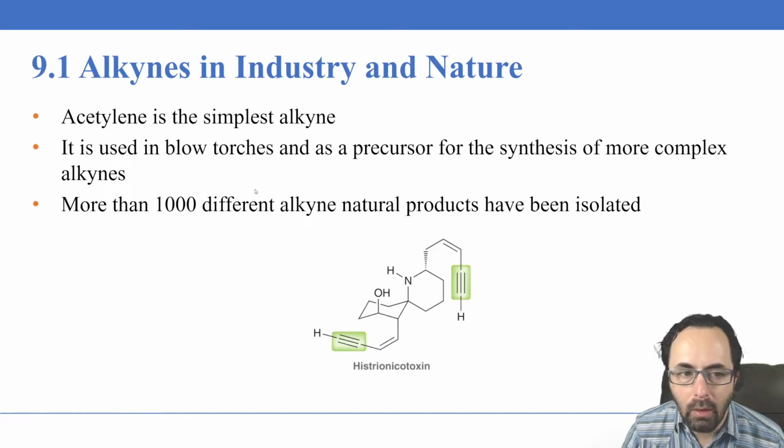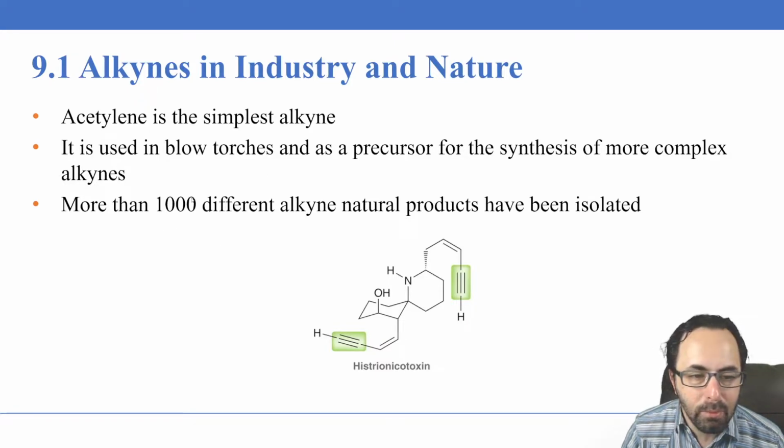When it comes to alkynes in industry and nature, they're relatively uncommon, although there are a few interesting examples. Acetylene, also called ethyne, is the simplest alkyne, and it's used in welding torches, so it burns at a very high temperature, which is useful for welding. There have been more than 1,000 different alkyne natural products isolated.